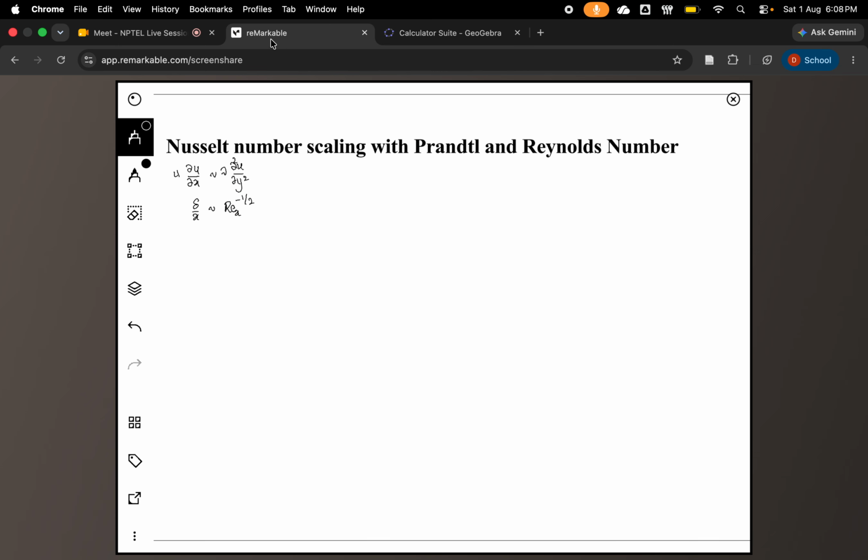This is what we got in the previous case, but we kind of assumed something which I did not state explicitly. Now let us make it more explicit. That is for an isothermal wall. Now when I have different wall temperature and the free stream temperature, now I can have two different scenarios. I can have one case where, let's say this is my velocity boundary layer and this is my thermal boundary layer.